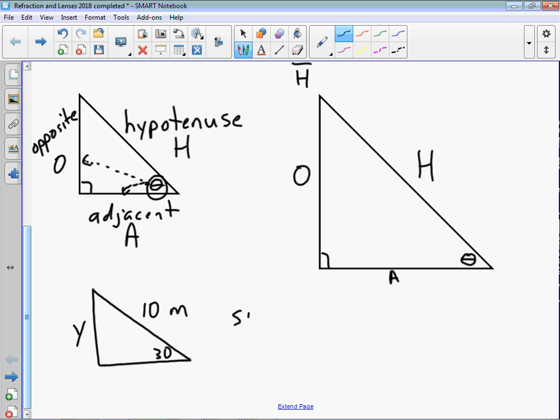Then we would say the sine of 30 degrees is equal to y over 10. And if we multiply both sides by 10, we would get 10 sine 30 equals y. So how do you plug this into your calculator? Really depends on what calculator you have.